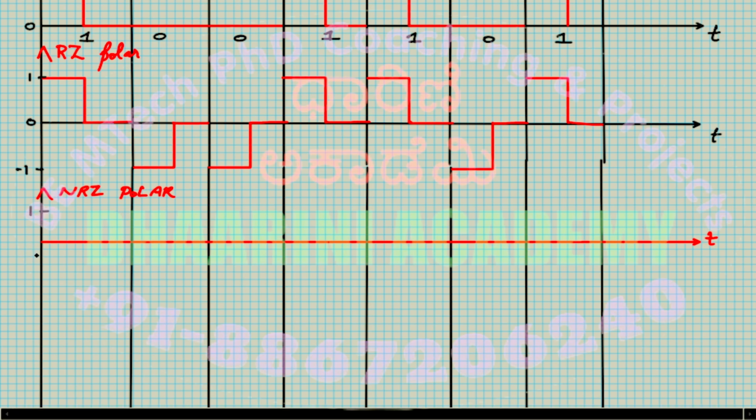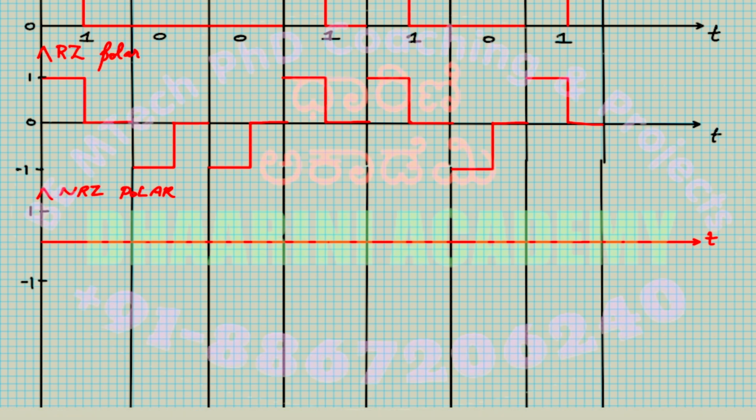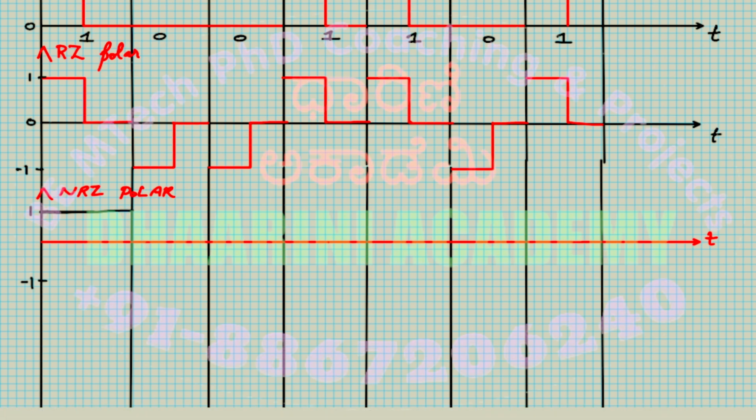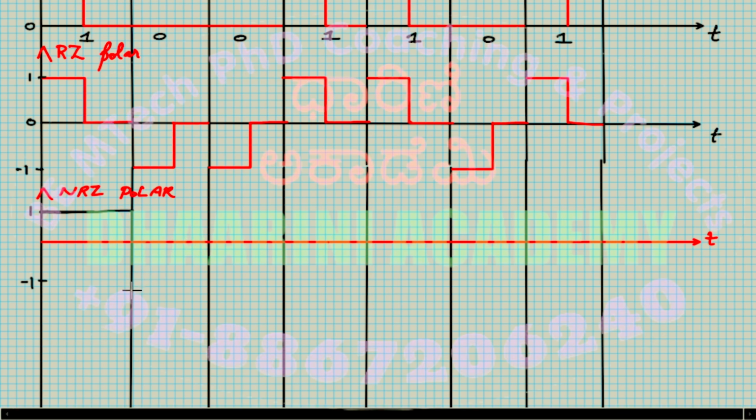I'll call this 1, and maybe this is the minus 1. So whenever 1, you have to send 1 completely, because non-return to 0, right? So very simple. Let's do this. So this is completely 1. Okay, and I have 0, means I need to send minus 1. So for the complete duration, send minus 1.